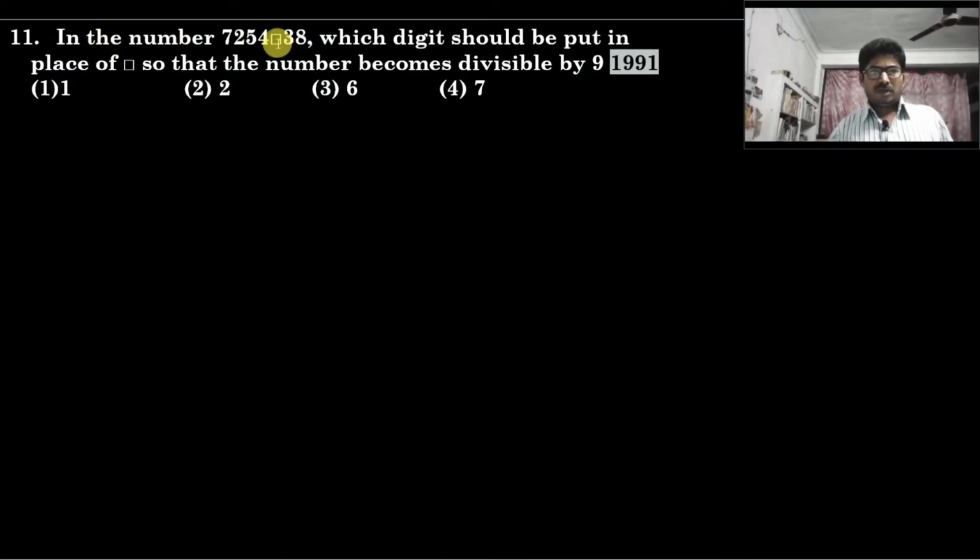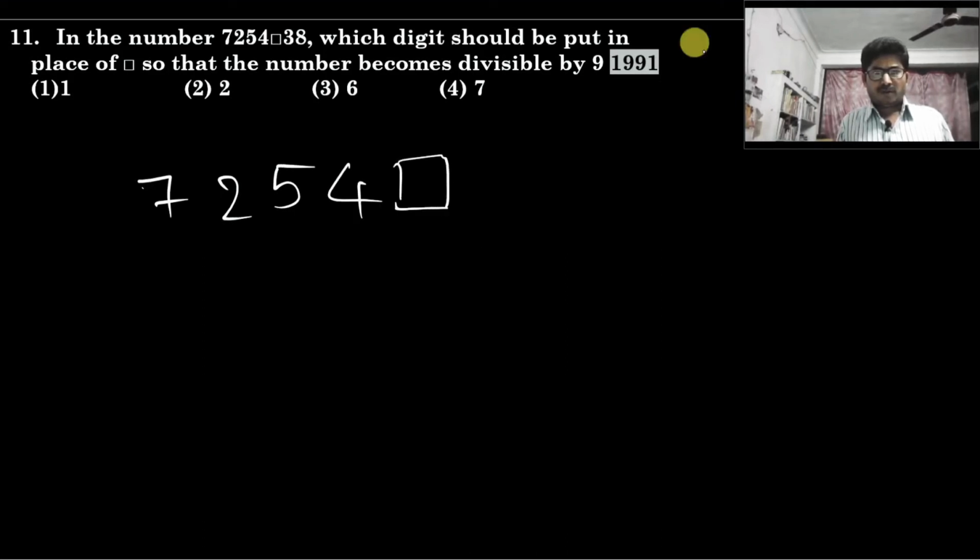11th question. In the number 7254 box 38, which digit should be put in place of the box so that the number becomes divisible by 9? So like this question came already. So we have to find the sum of these digits. 7254 box 38.